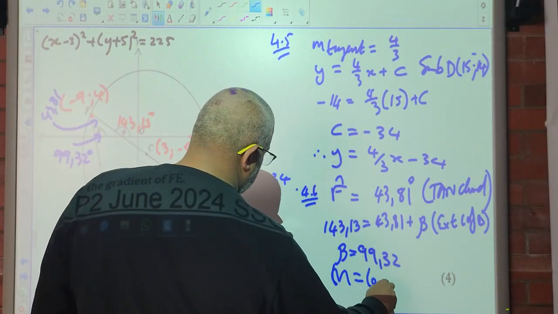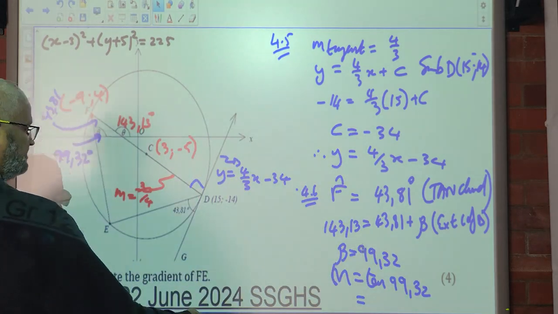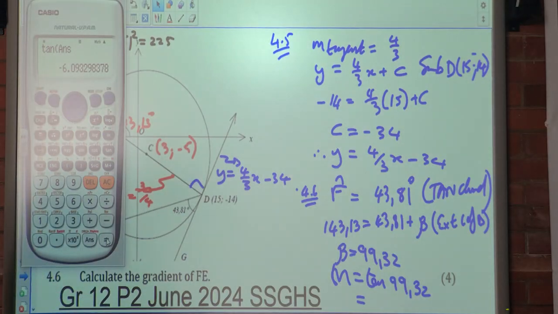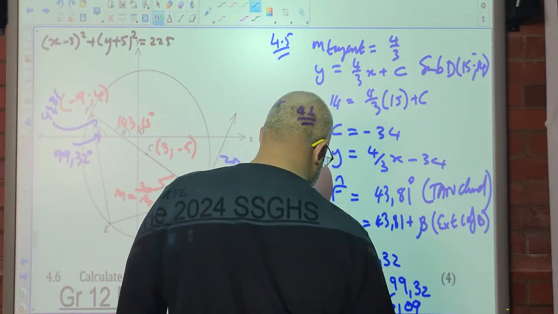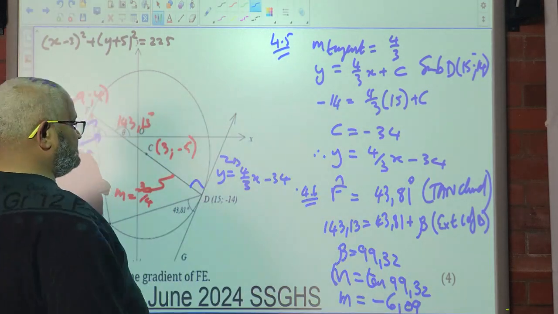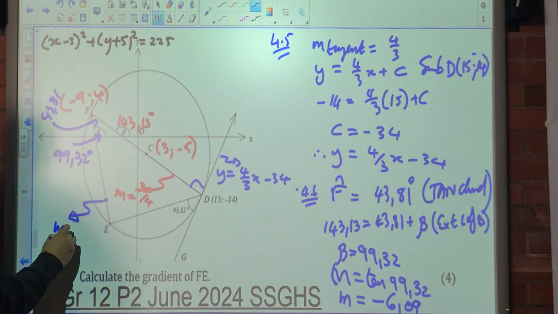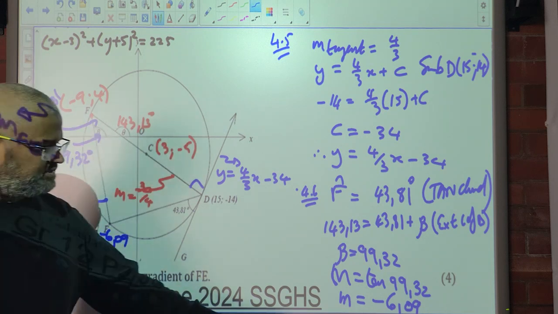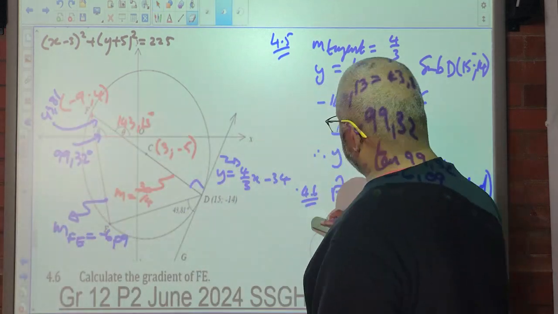The gradient is going to be tan of theta, which is 99,32 in this case. So the gradient of that line gives you negative 6,09. Negative 6,09, that's the gradient of FE. Okay. Is there any confusion there? Okay. Let's carry on.